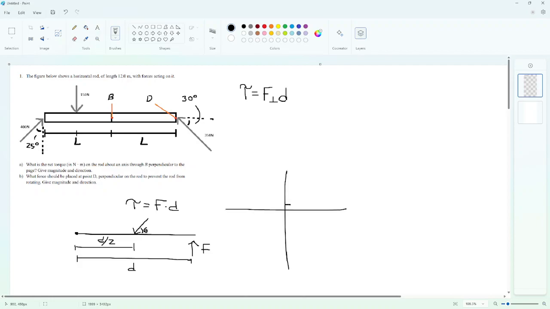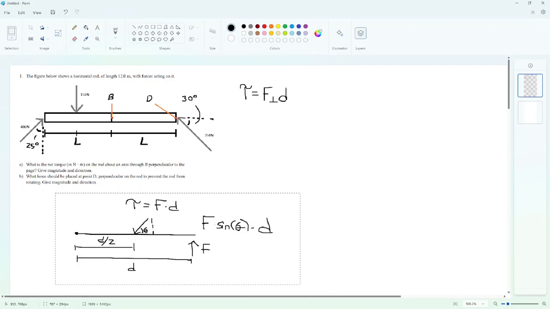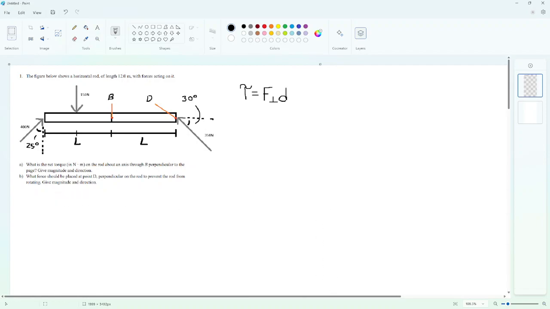You're going to have a 90-degree angle between two vectors if it's perpendicular. So you need this side. Using this angle, it's going to be F times sine of theta. It isn't always going to be sine of theta, but in this case, it's going to be F sine theta times d. So with that said, let's go ahead and calculate the net torque on this rod.